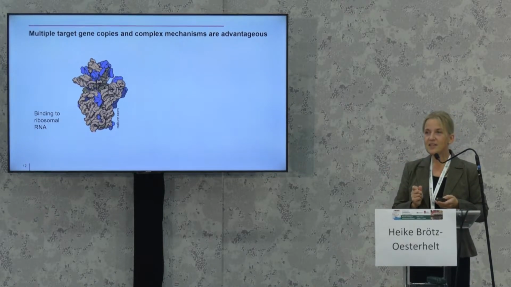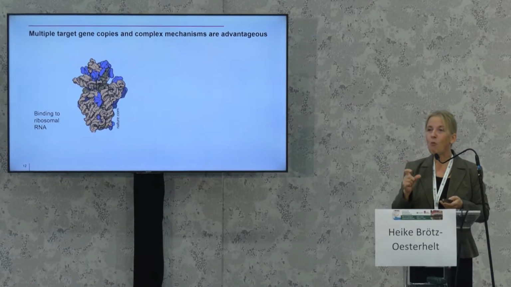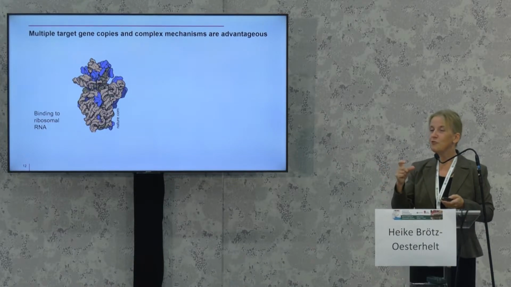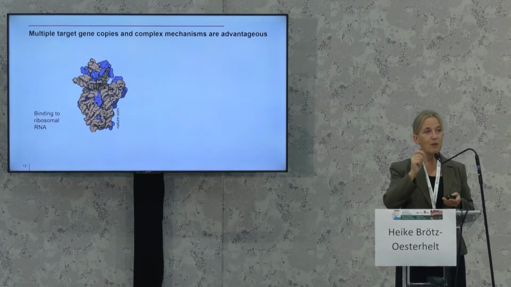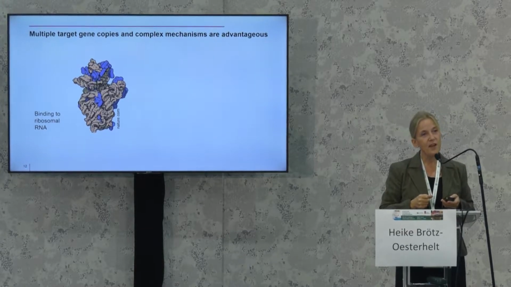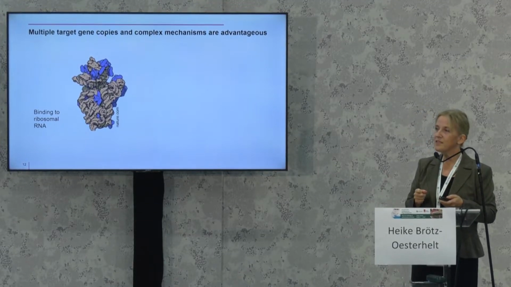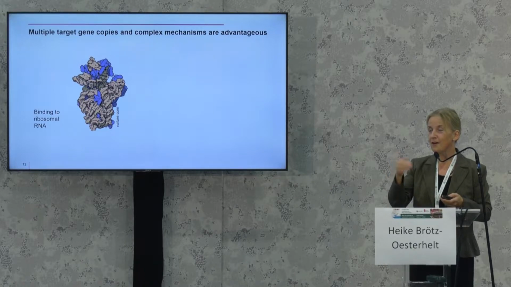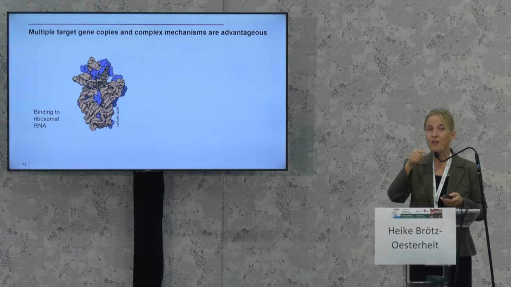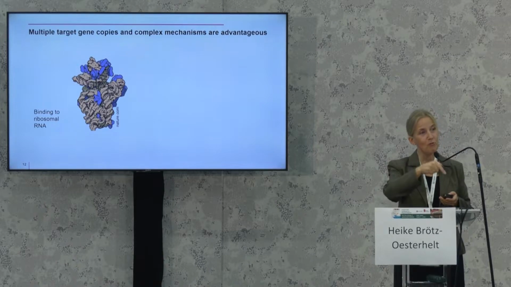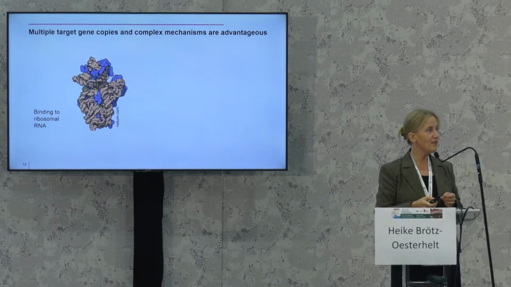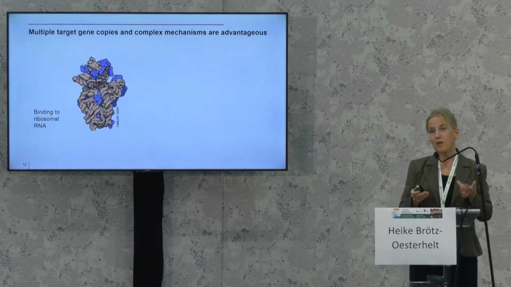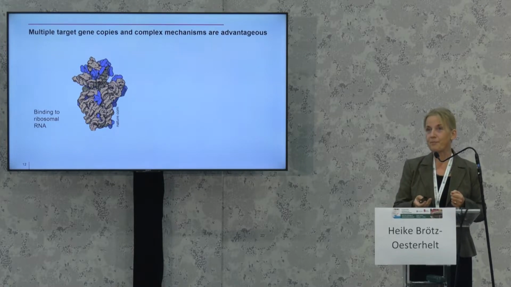The advantage is that E. coli has 7 copies of the DNA encoding the ribosomal RNA. So you will not get rapid resistance development by mutation of the target gene. When you want to develop resistance, you have to get an RNA methylase, methylating all the RNAs of the ribosome, but not a point mutation in the target. That may be one advantage.